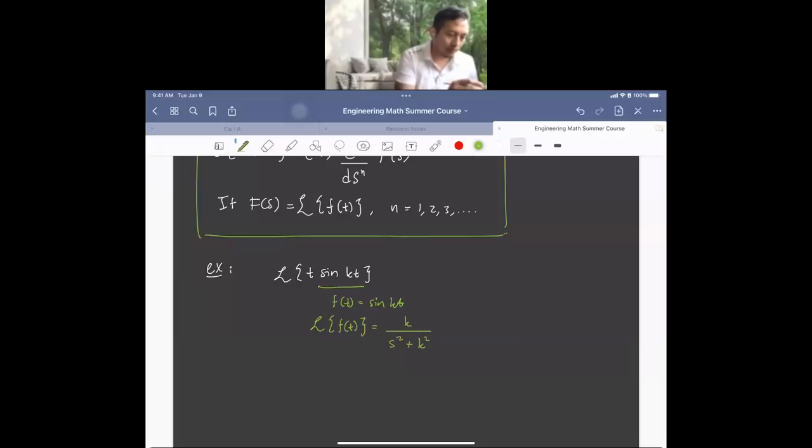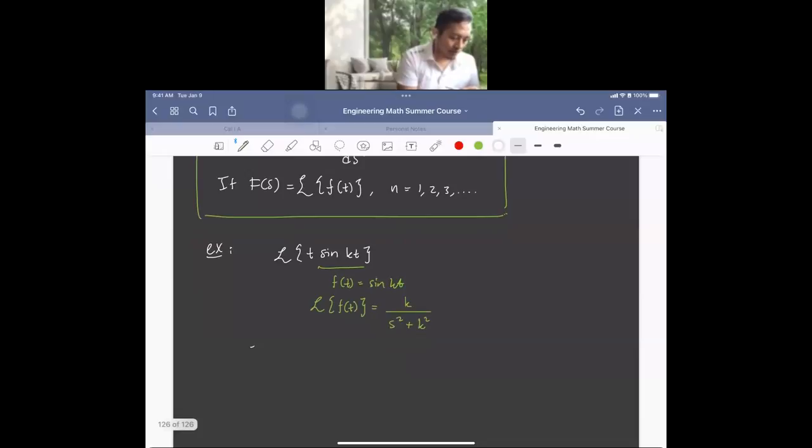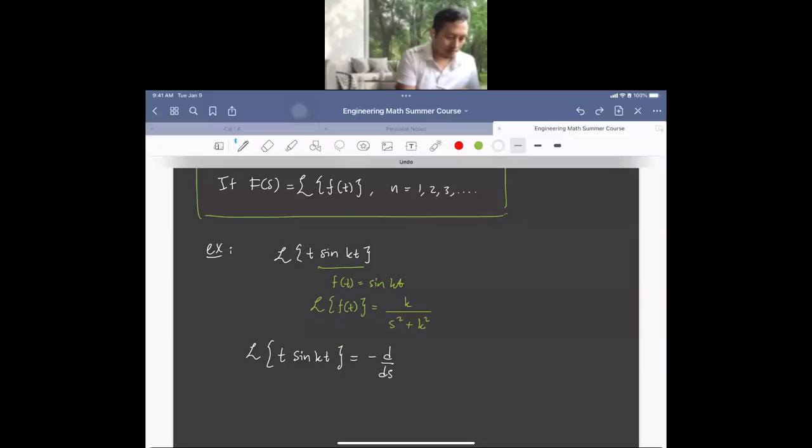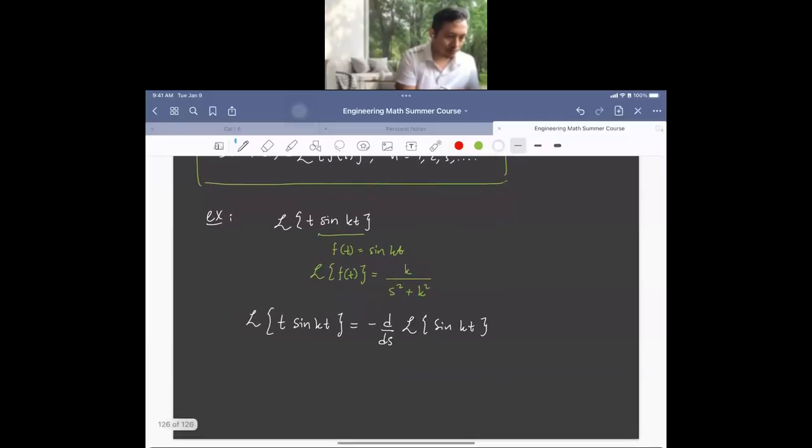Okay, now we are going to use this t sine kt. So we will have negative d/ds of the Laplace of sine kt. So negative d/ds of k over s squared plus k squared.